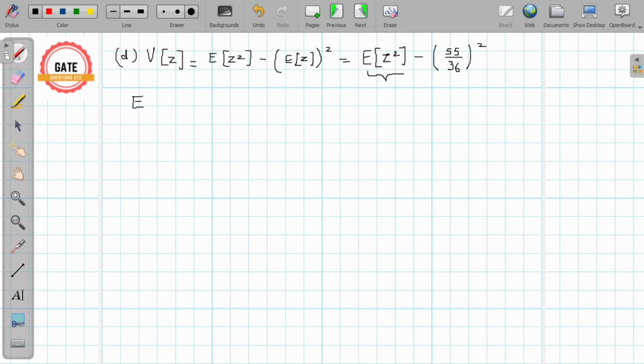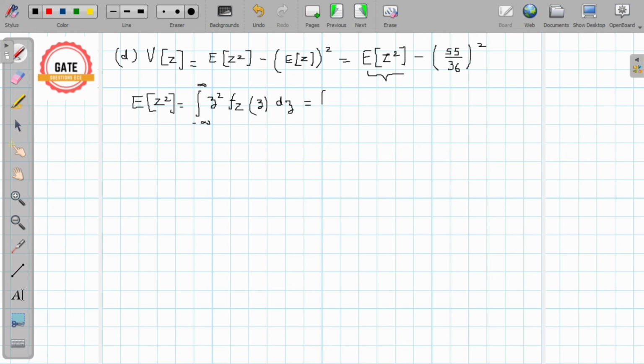So expectation of Z square will be equal to integration from minus infinity to plus infinity Z square times the PDF of Z dz.